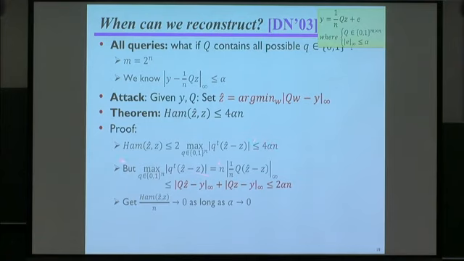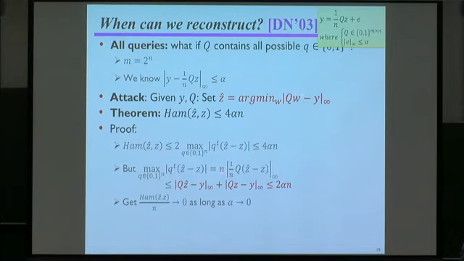Sorry, I skipped a step here. What we know is that 1 over n times q times Z is very close to y, just because y provides accurate information about Z. We also know that 1 over n times q times Z hat is very close to y, because of the way we constructed Z hat as the best fit we could find.